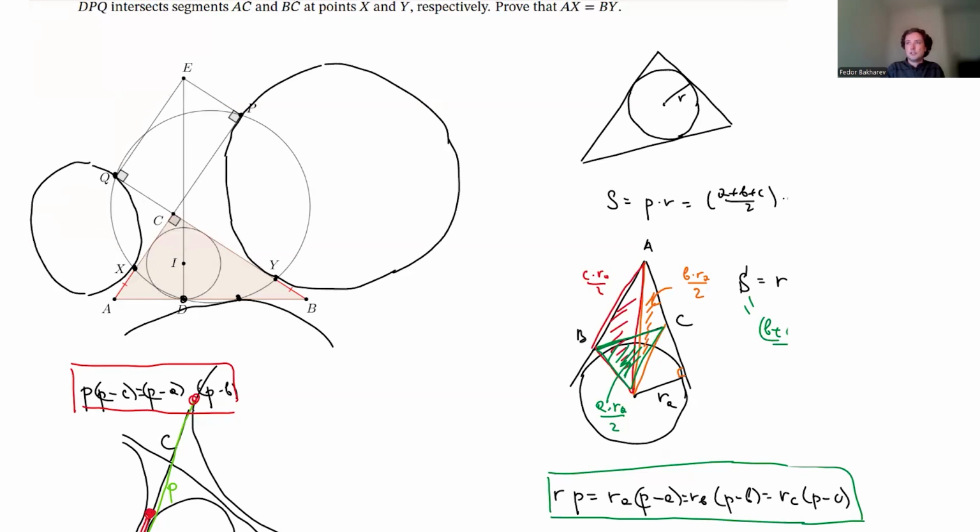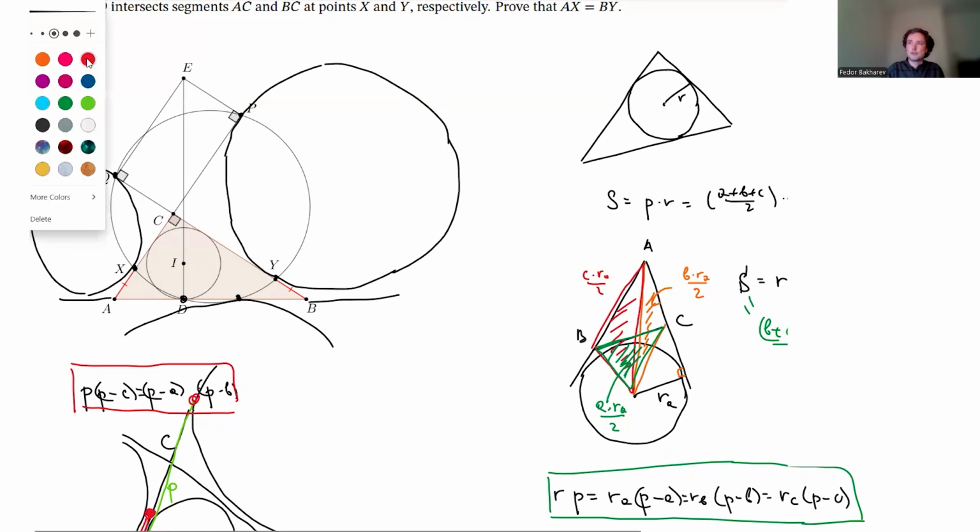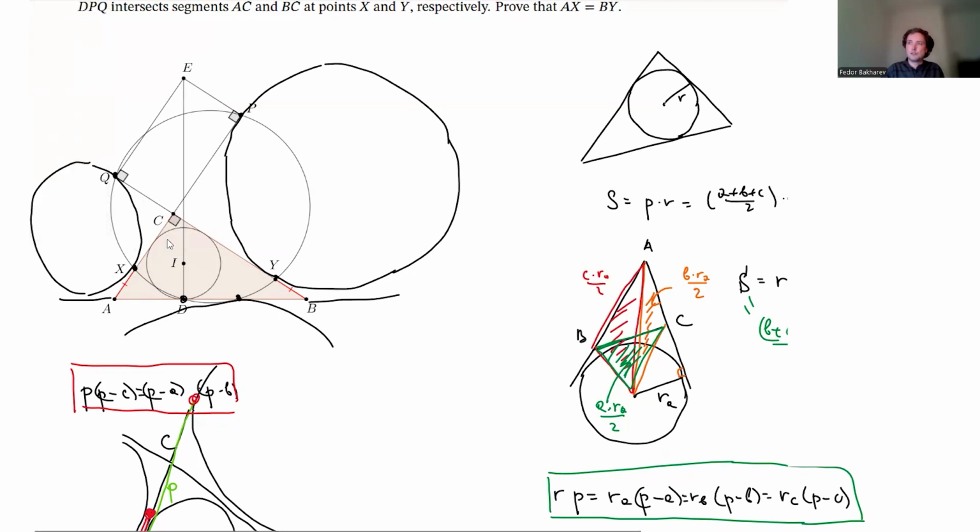So, if it is true, then of course there is no problem to prove that ax equals yb, because all of them are equal to the in radius of the triangle.